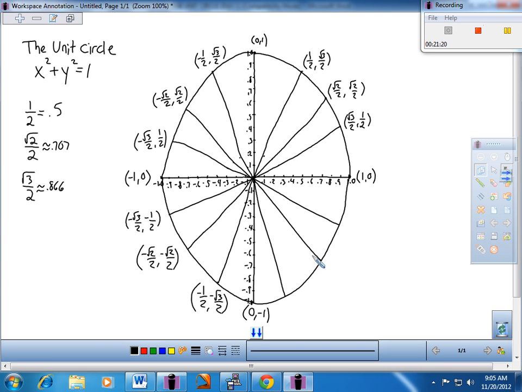Fourth quadrant, everybody. Remember, we talk about this in Trig. Direction matters. So you have to be really careful where things are positive and where things are negative. This one right here would be 1/2 and negative root 3 over 2. Next one, this looks to be root 2 over 2, negative root 2 over 2.